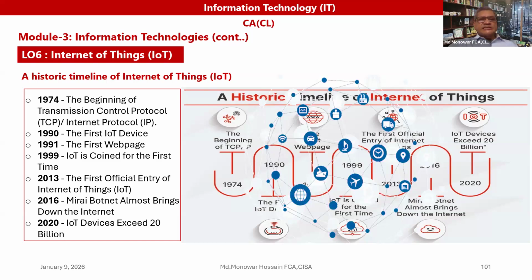In 2016 IoT devices exceeded 20 billion, which almost brought down the internet. And now, by 2026, it can be double or triple. So that is the history of IoT.